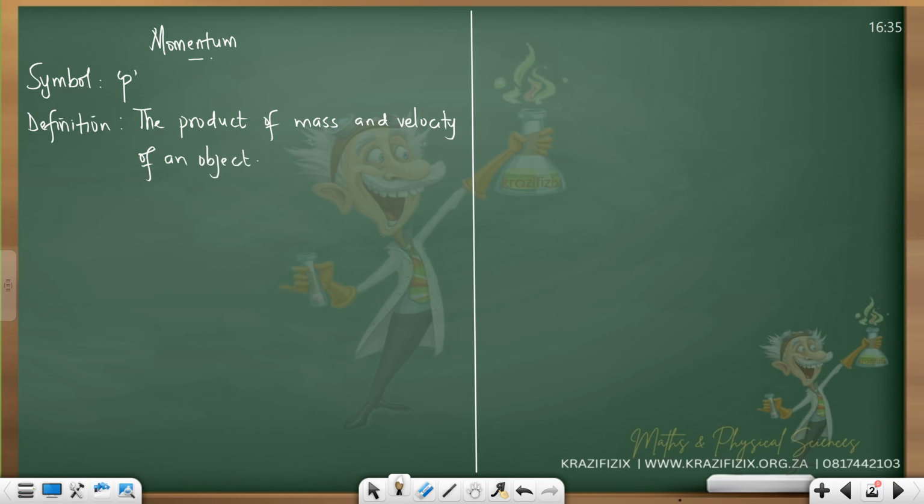Two marks in the bag. Momentum is the product of mass and velocity, which means we can move to our formula. Small p equals m times v.